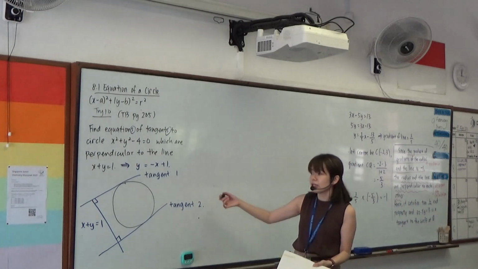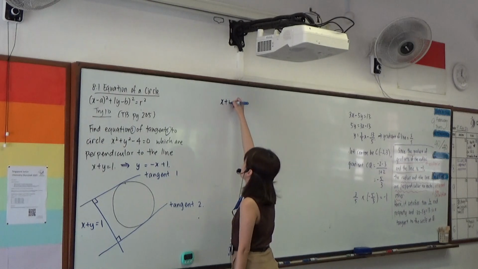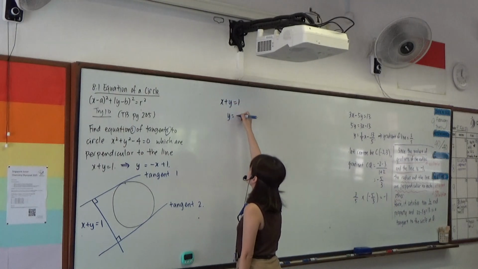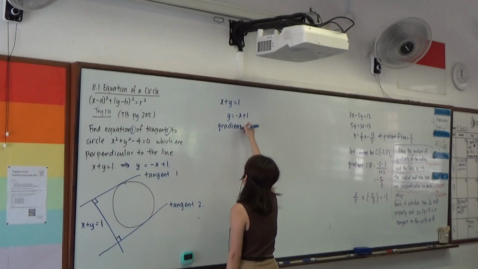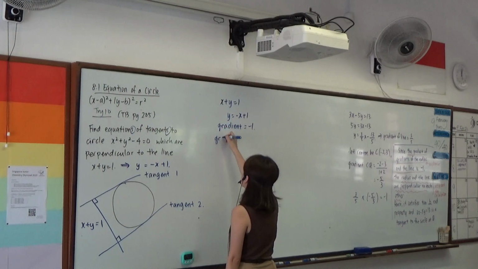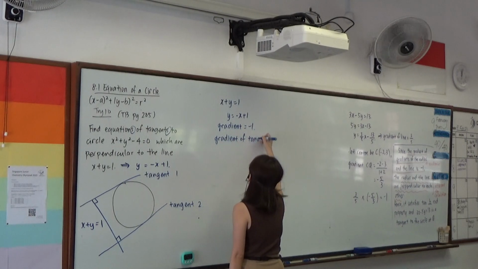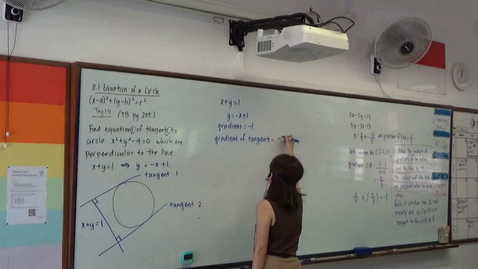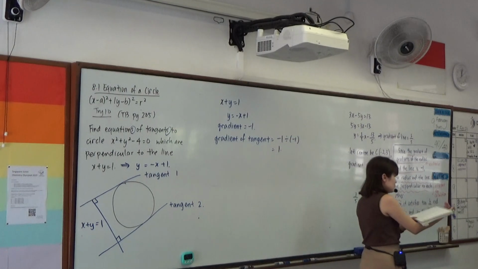For the gradient, we can do that by making use of x plus y equals to 1. This gradient is negative 1, which means that our tangent will be equals to 1 for its gradient.